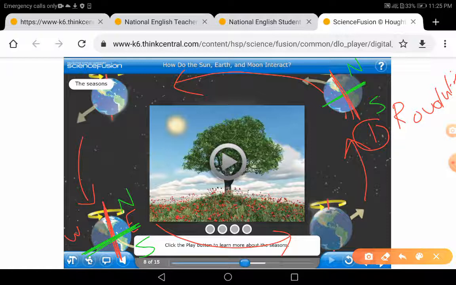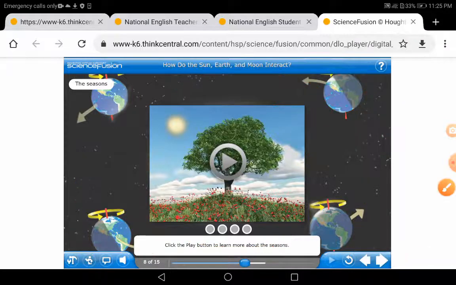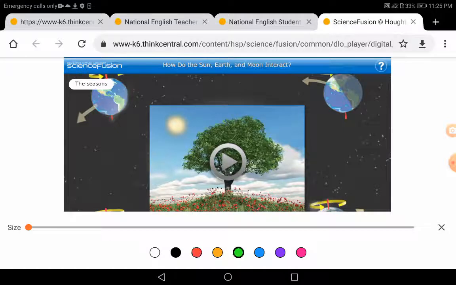This tilt is very important because the Earth receives different amounts of light on both hemispheres. For example, this part is tilted more. This part is tilted toward the sun, and this is the sun. So it receives more sunlight than the south, as you can see, north, south.